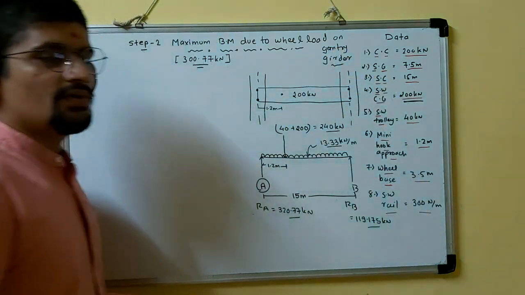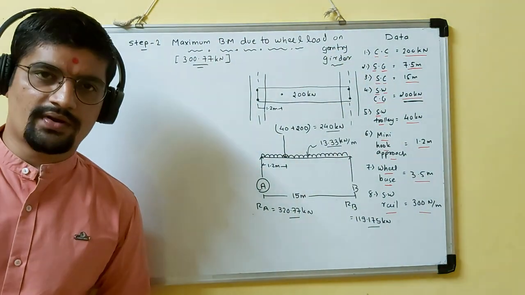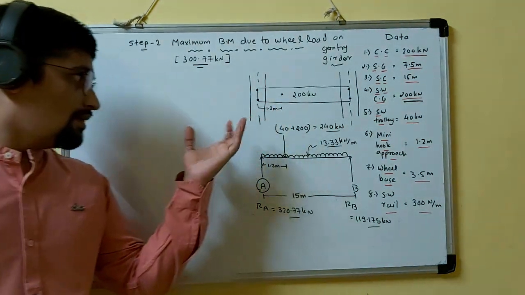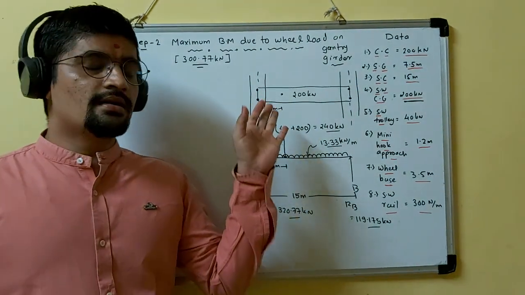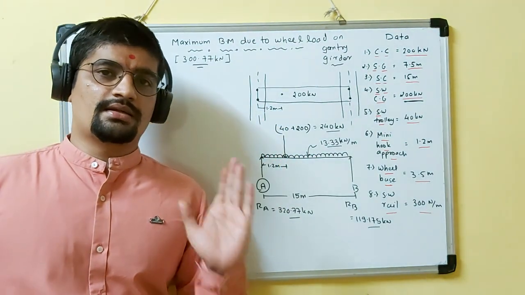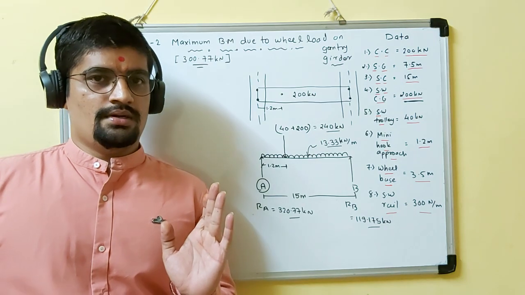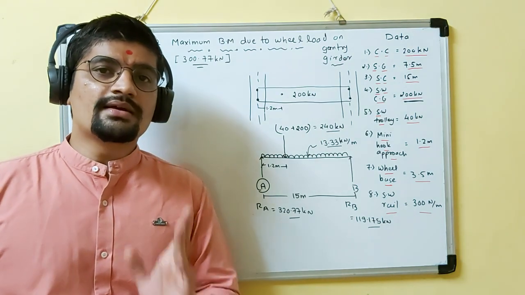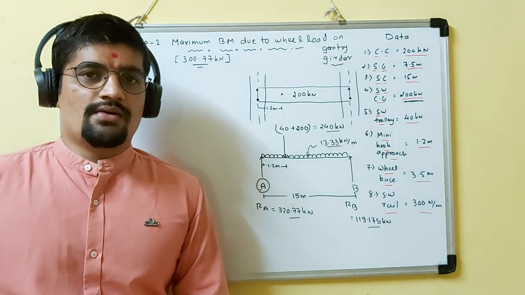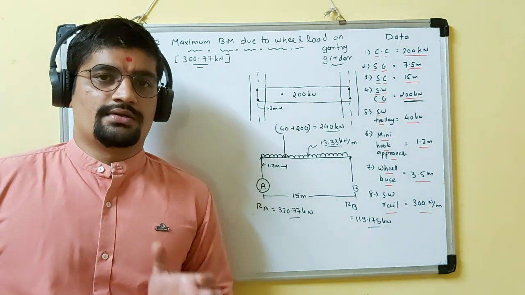Till here we were considering the span of the crane girder. The crane girder is only for calculating the maximum static wheel load. Remember that we are designing the gantry girder. So from now onwards, we will calculate the moment and shear force on the gantry girder.